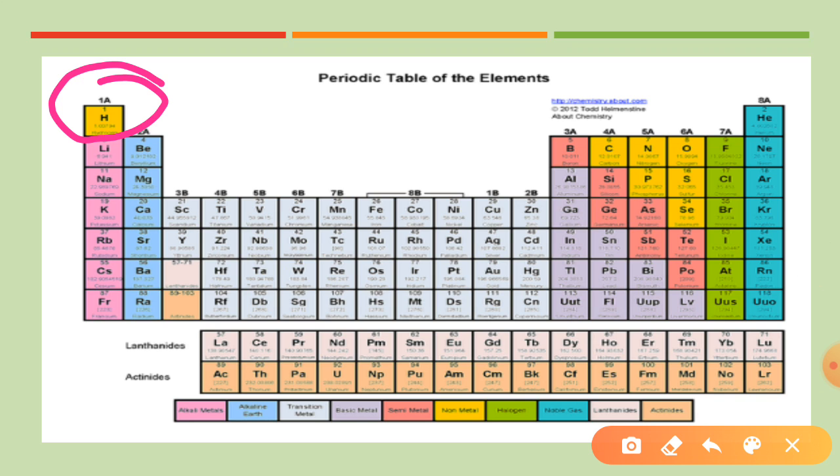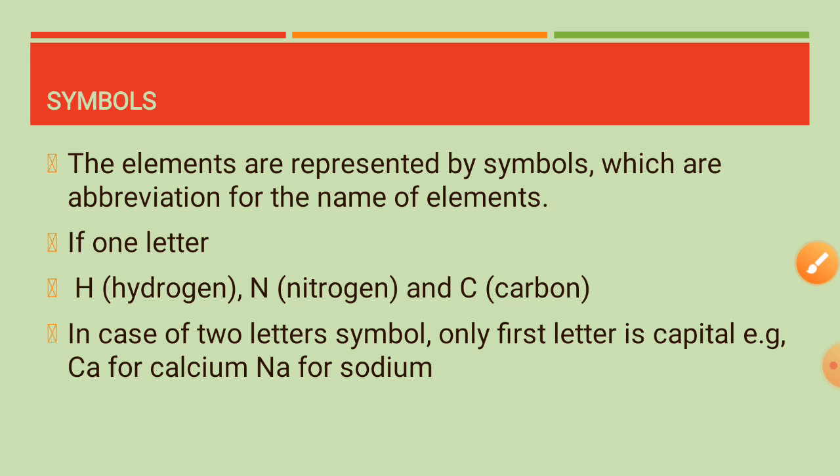A symbol is taken from the name of that element in English, Greek or German. As the first element is hydrogen, it is not shown with its full name, just a representation of H. In the case of hydrogen, there is only a one letter symbol.